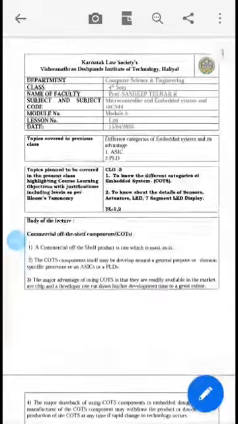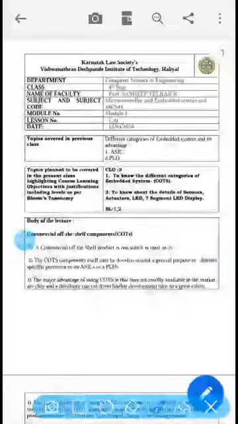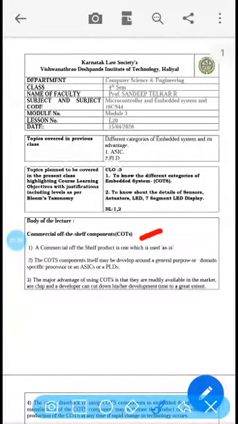First, as I told you, we'll be studying one of the categories of embedded system, that is COTS, commercial off-the-shelf components.